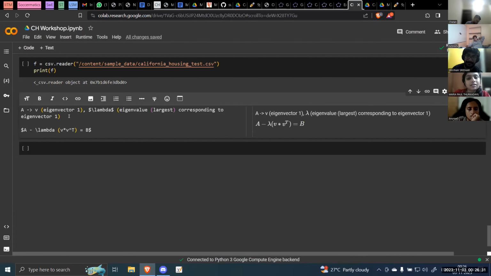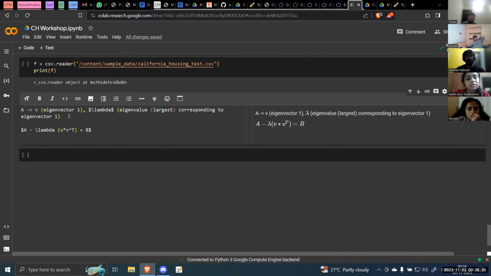What we have to do is V times V transpose. So what are we trying to do here? We are taking the eigenvector V and multiplying it by V transpose, which gives a matrix. I don't know how to put it into words. Is there a term for it?